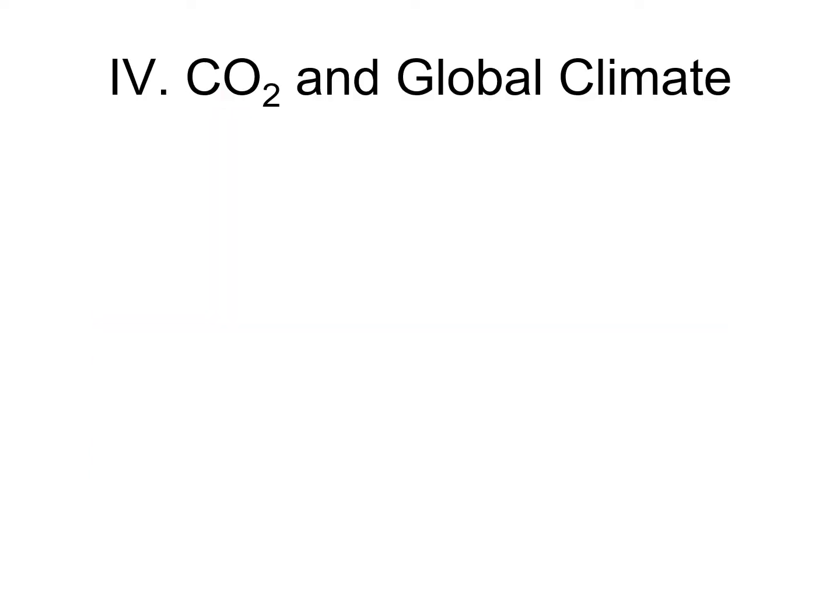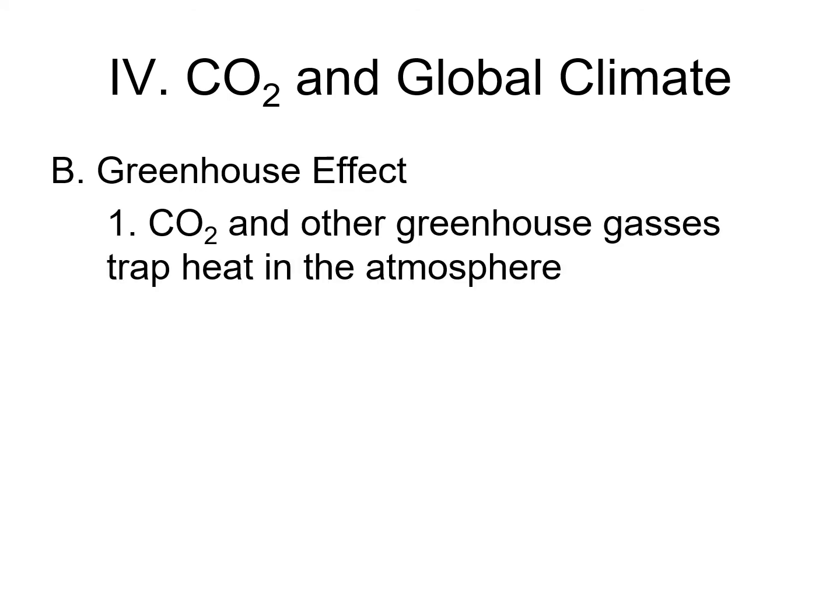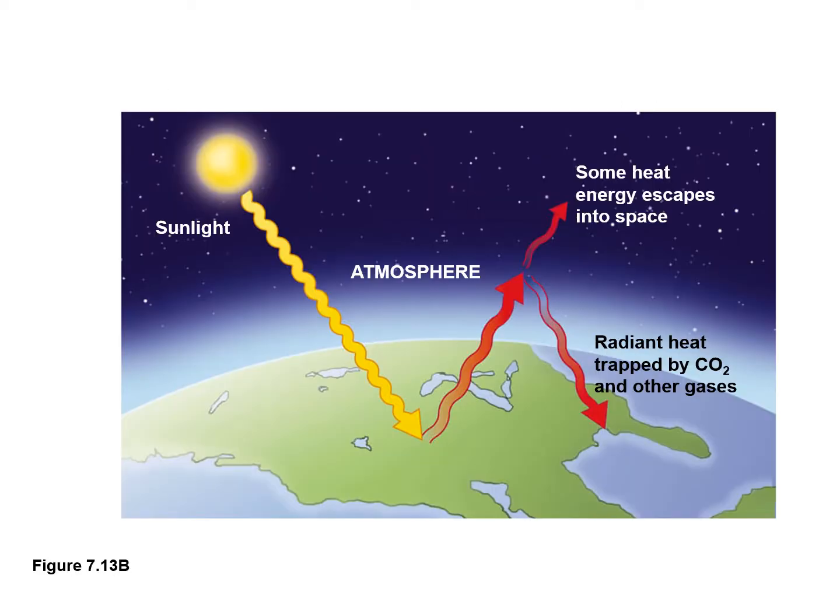A key concept in understanding the carbon cycle is the effects that increasing CO2 levels in the atmosphere can have on global climate. You've probably heard of the greenhouse effect. The greenhouse effect describes how carbon dioxide and other greenhouse gases like methane can trap heat energy in the atmosphere, much as the panes of glass on a greenhouse help trap the heat energy.